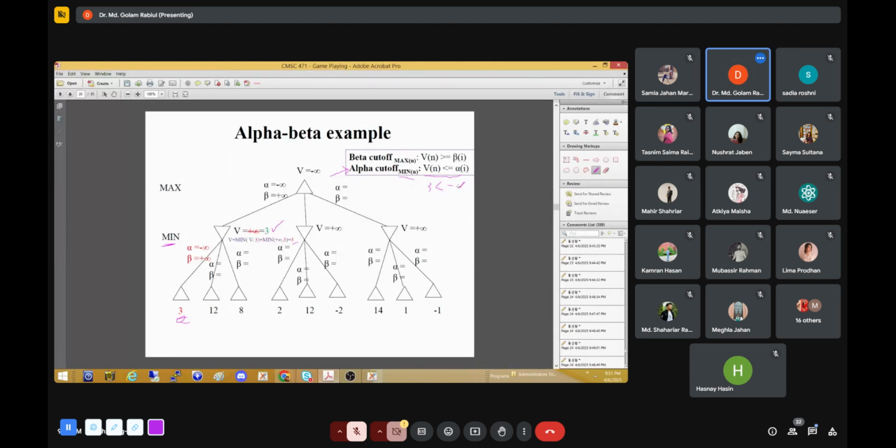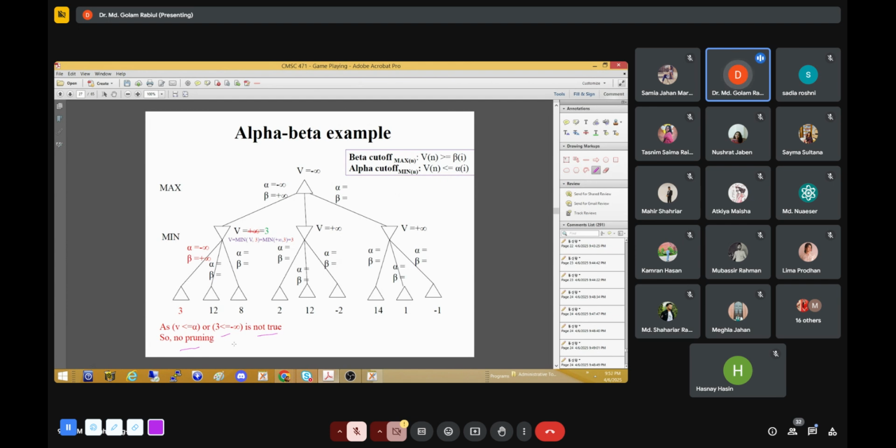Whether this 3 is less than or equal to negative infinite or not, actually this is not true. If not true, then no pruning. So we cannot prune at this stage. That's what I have written here: v less than or equal to alpha, so you can say this is the alpha cutoff. This is not true, so no pruning.